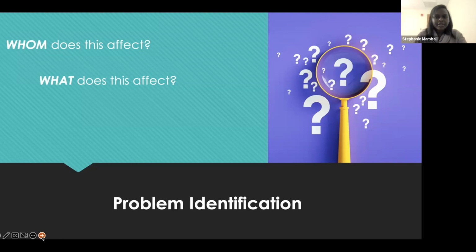Does it affect people with a particular disease or society at large? And in our population, we are focusing on the neonatal population. And then what does the problem affect? Does it affect their clinical outcomes, their quality of life, the use of healthcare and other resources? And then finally, what is currently being done? How are healthcare professionals currently addressing the problem to avoid reinventing the wheel?